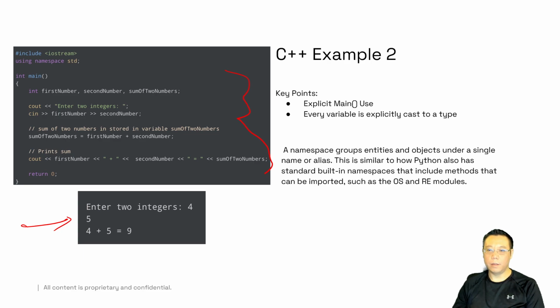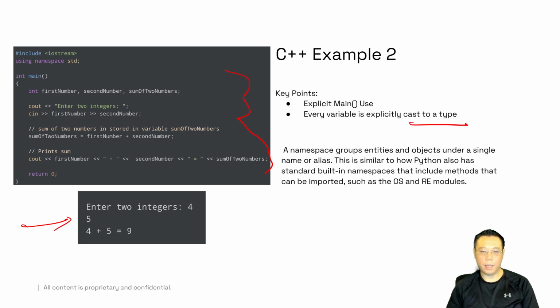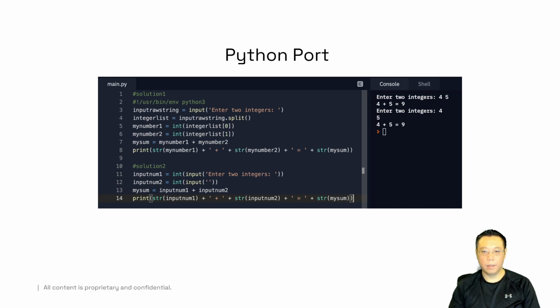Okay. Now some explicit points is that the main function is used. And we also have a variable explicitly typecast language, right? Everything that is a variable must be created in a specific cast of a data type. Here's our Python port equivalent. Now we have 2 solutions.